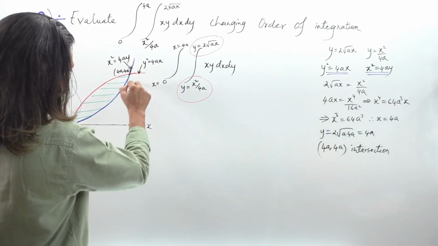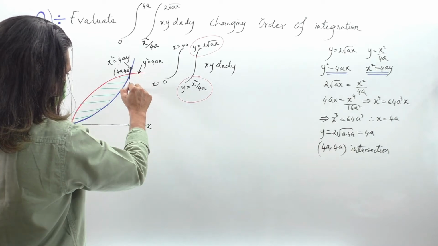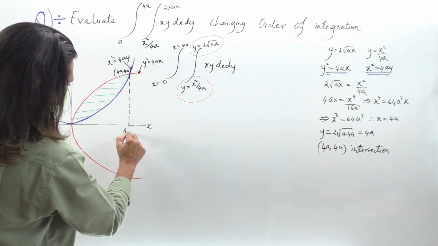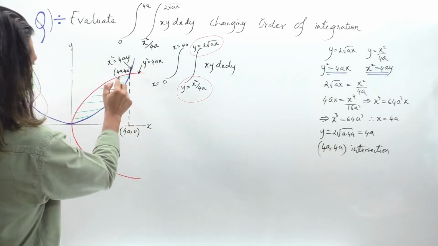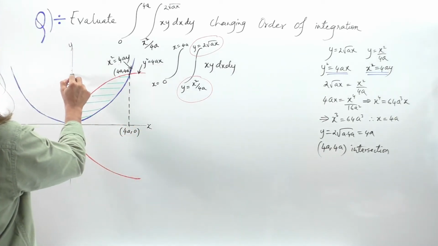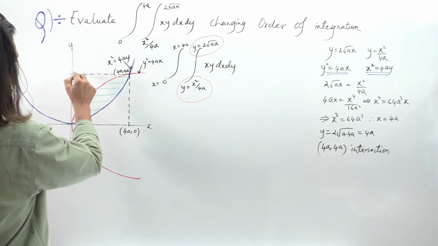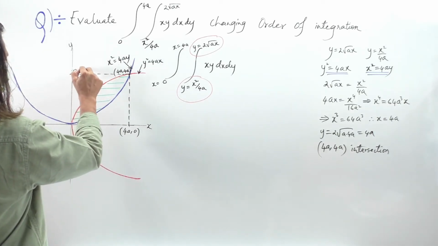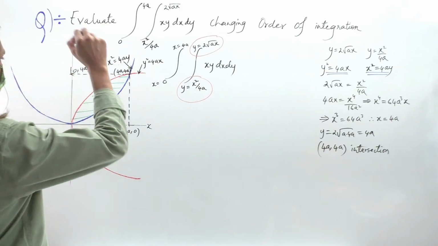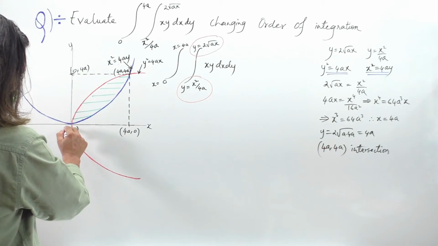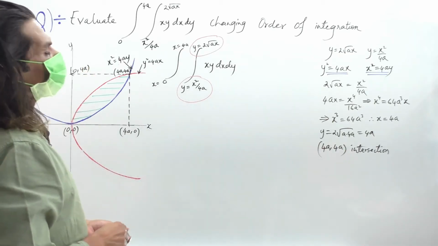So I drop here the intersection. This is 4a comma 0, and here this will be 0 comma 4a. And this is the origin. So we have the graph here.